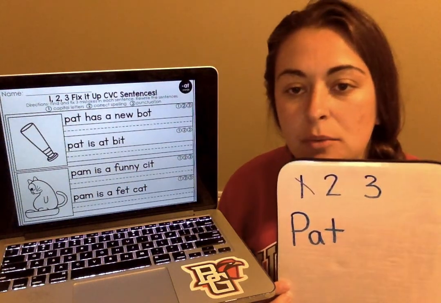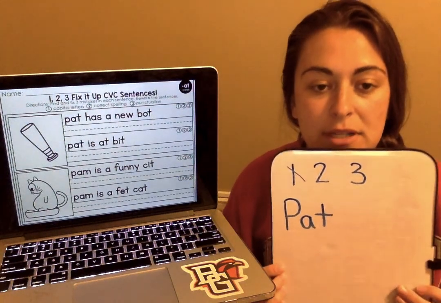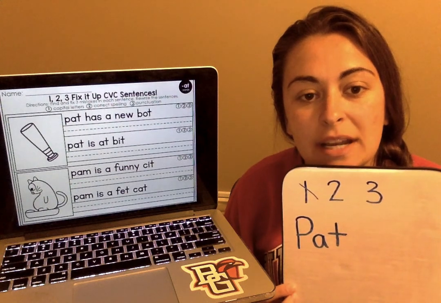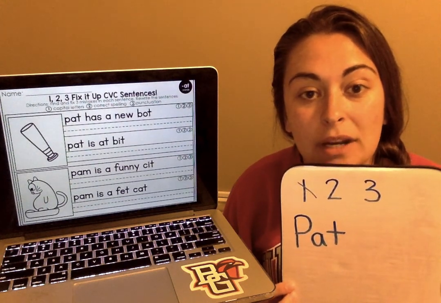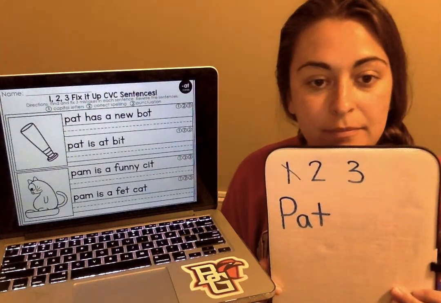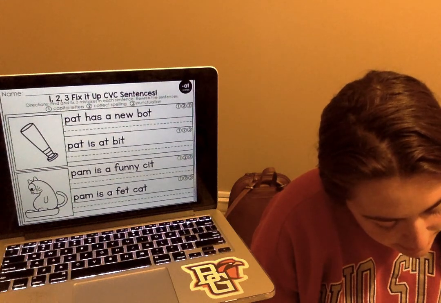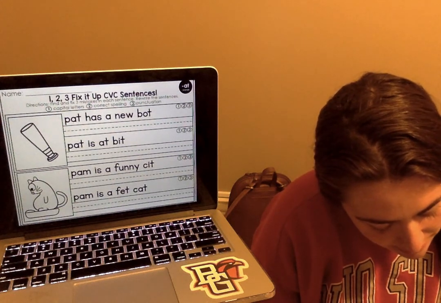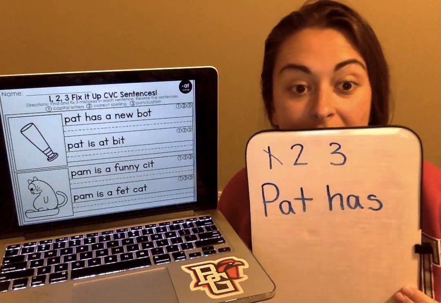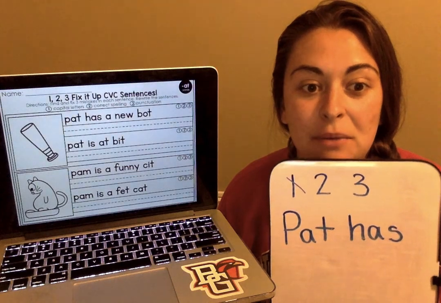So our second check was make sure that all of the words are spelled correctly. So we're going to keep going and see if we can figure that out. Our next word is a sight word, do you know what word this is? Great, it's has. So we're going to write has. H-A-S. And I see that that's spelled correctly. And our next word is another sight word. What word is that?